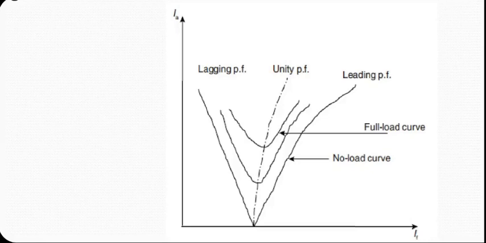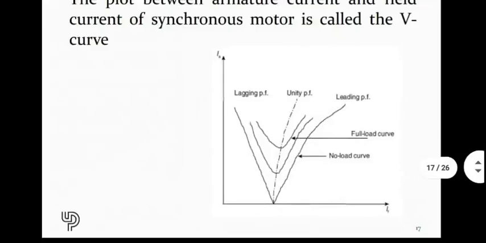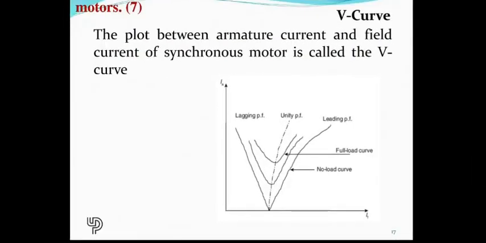That depends on the nature of the value and nature of power factor. The full load curve, when the motor is operating at full rated load, is what you see at the top. And below that, you start seeing other possibilities. This is one very important characteristic of a synchronous motor.